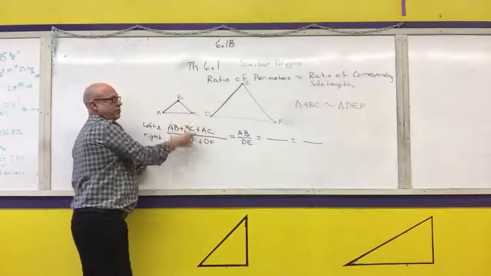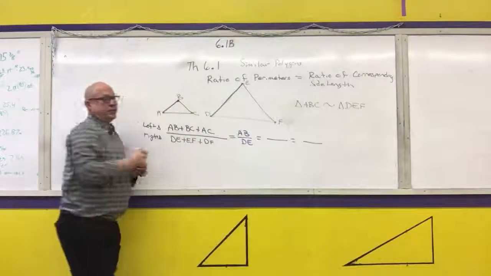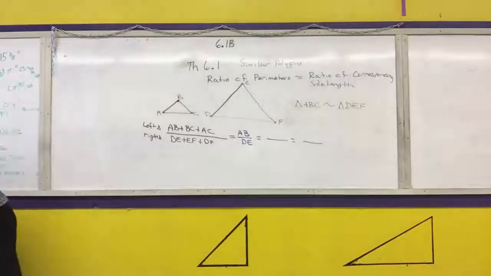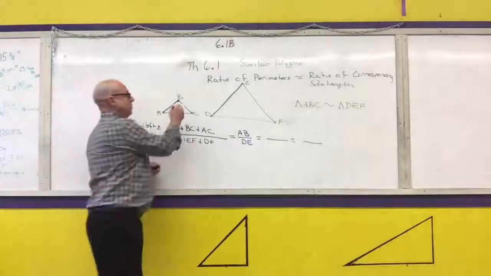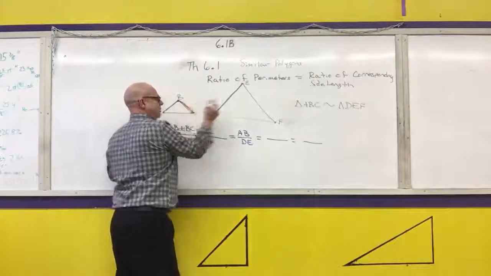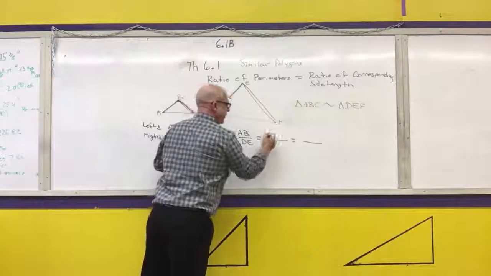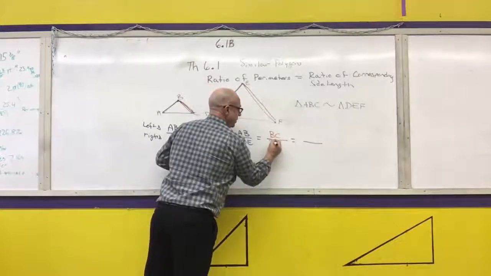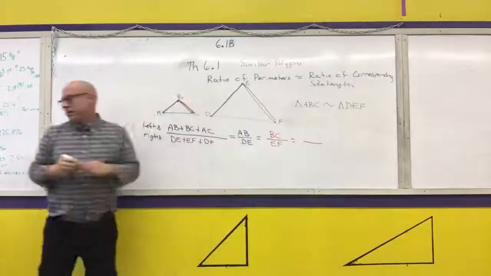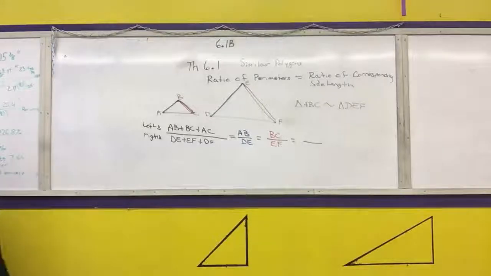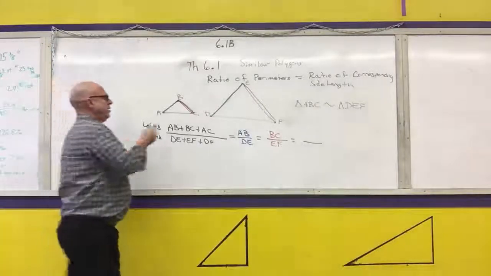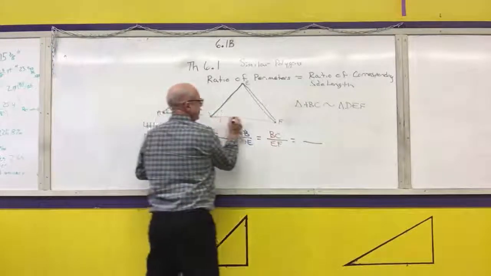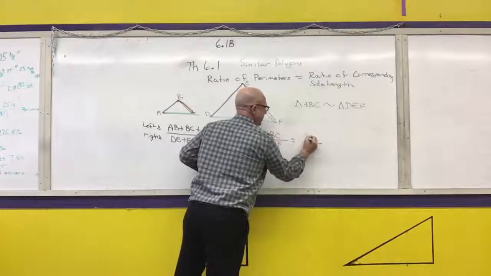This ratio is equal to that ratio, which is equal to BC over EF, which is going to be equal to AC over DF.